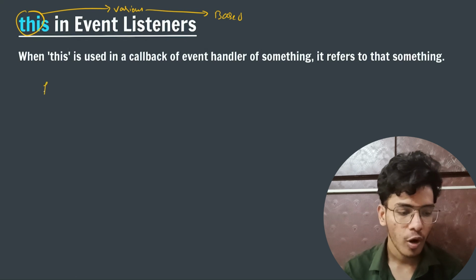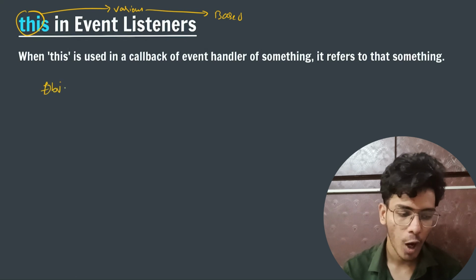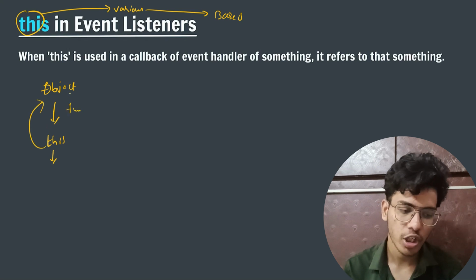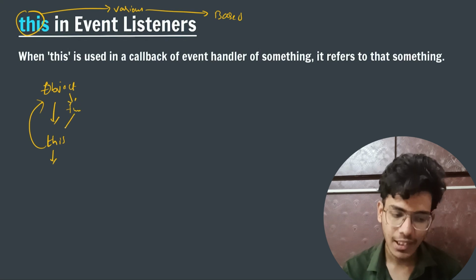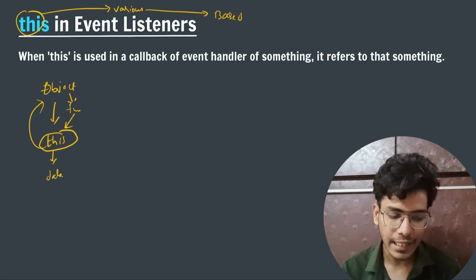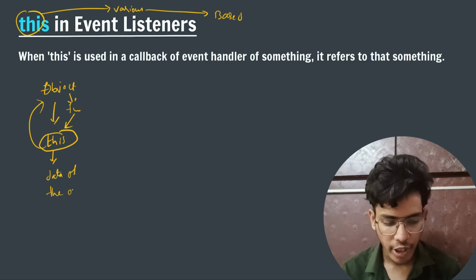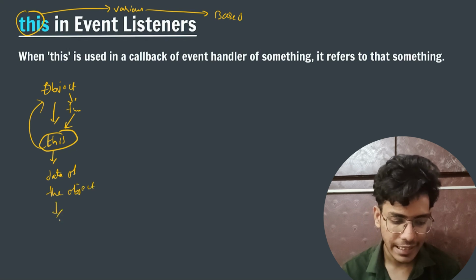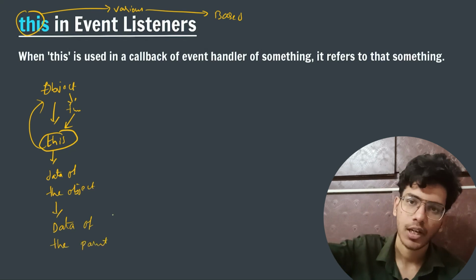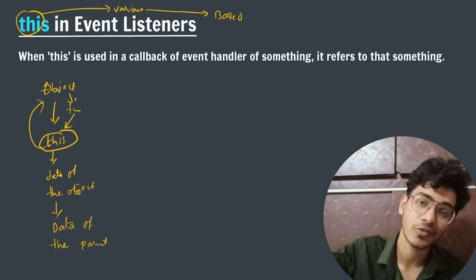For example, for general objects, this will store the data of the object. Let's say that I'm writing a function in an object, and inside that function I'm printing this. So what this will print is the data of the object, which is nothing but the data of the parent. So for an object, whatever parent that object is having, it will print the data of that parent.